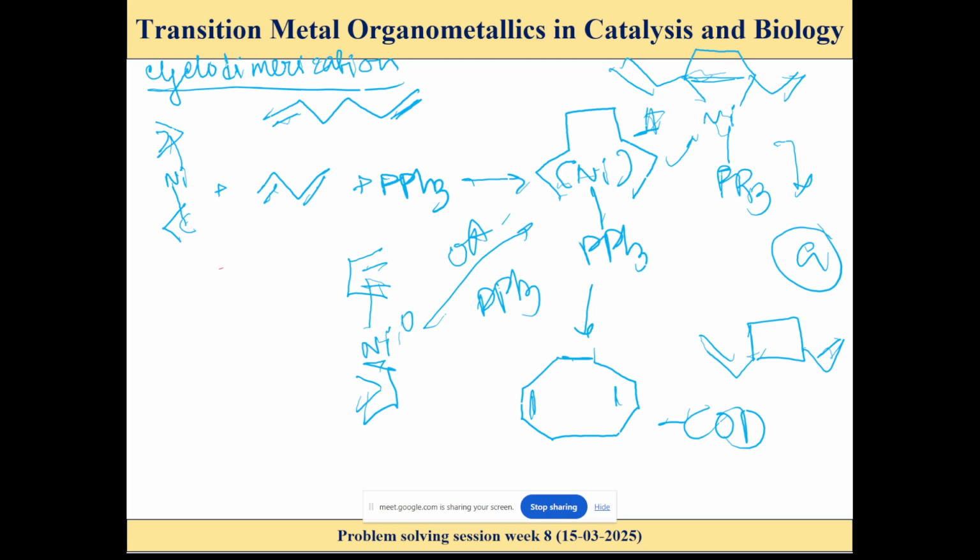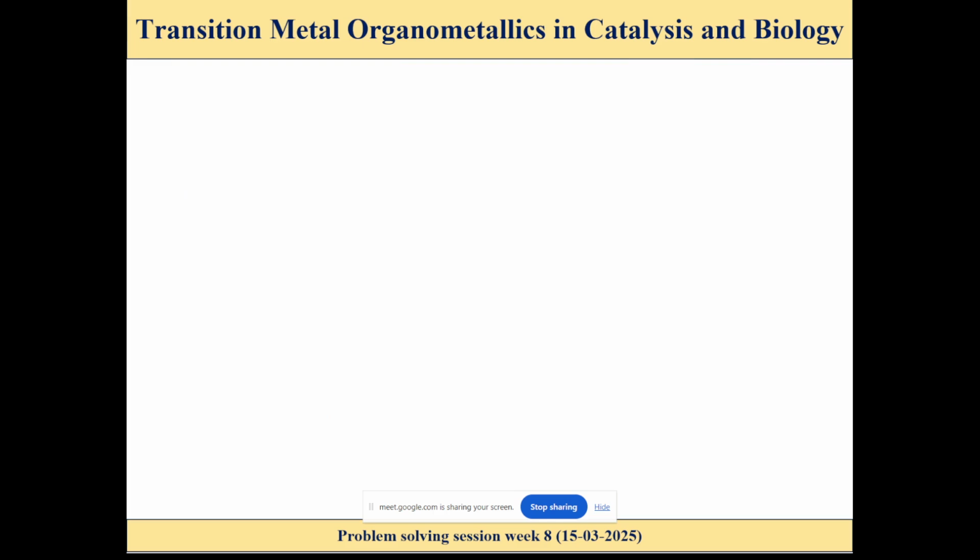And again each compound can give another 7-member ring formation, that is nickel, 7-member ring formation like this, which will then undergo reductive elimination again to give the corresponding six-member product like this. So these three products can be formed in presence of PPh3 ligands.